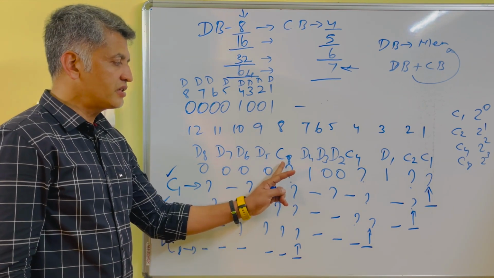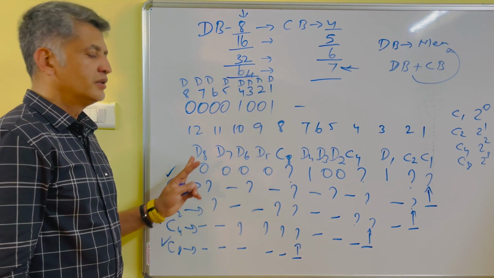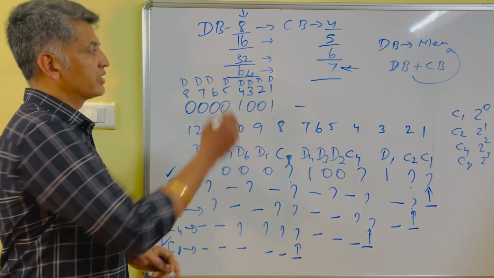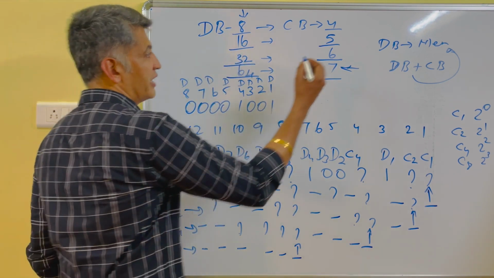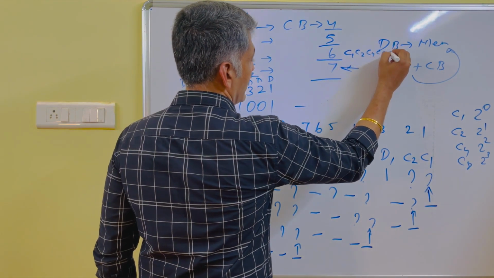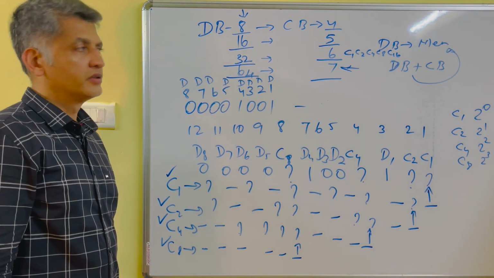Right? Then after this, how it will be? C8. Then automatically it will go to the 16, C16. That's why if I'm having a 32 bit, then how many check bits will be here? So C1, C2, C4, C8, then C16. Right? C16.